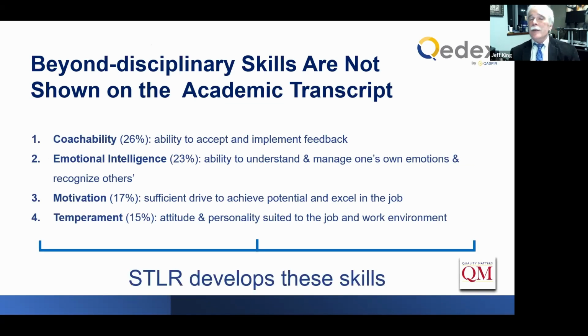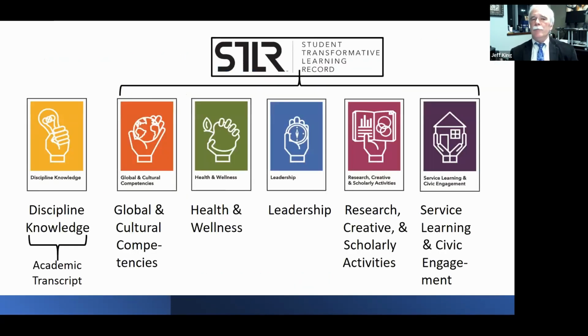And so these are the skills that we seek to develop as a transformative learning approach. Our particular model happens to include 5 broad areas for student development to have them get these expanded perspectives.